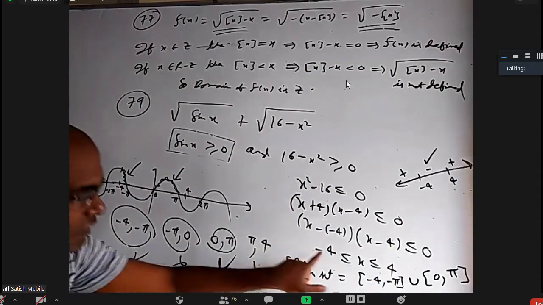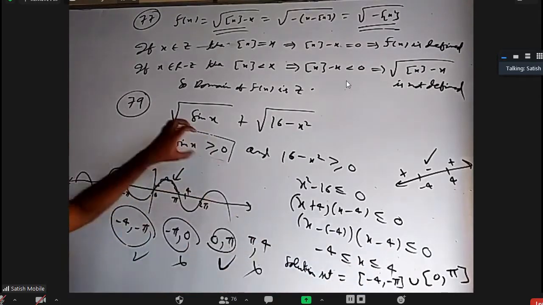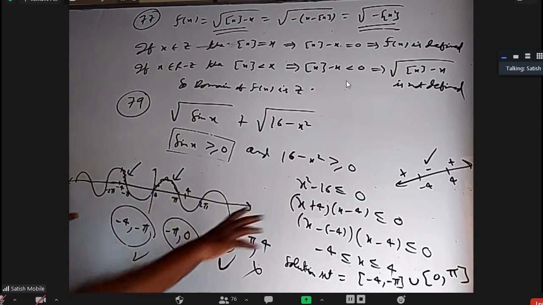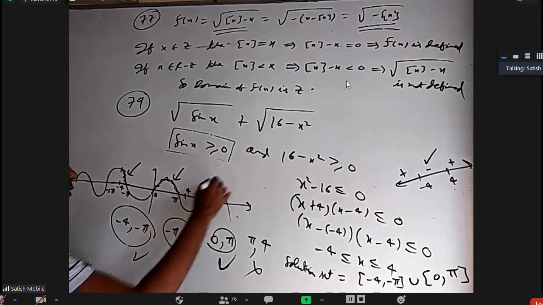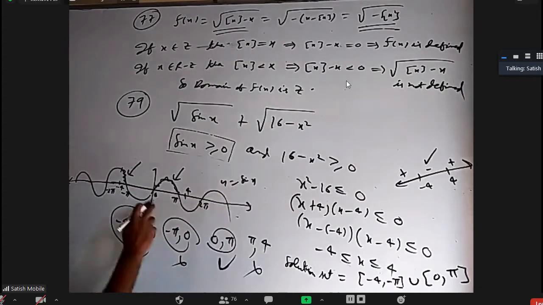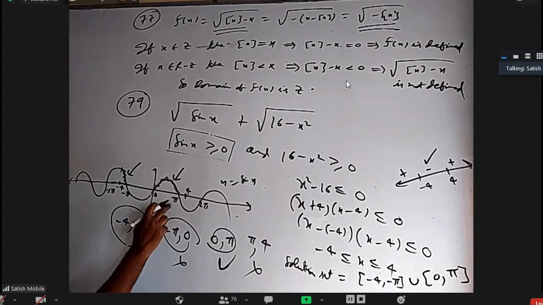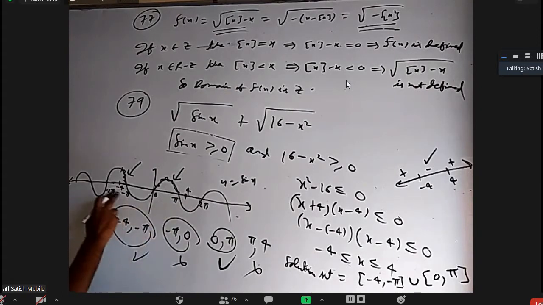Within minus 4 to 4, when is sin x positive? That is our job now. So I draw the sin x graph. This is the graph of y equal to sin x. I know this is 0, this is pi, this is 2 pi, this is minus pi, this is minus 2 pi. Where is 4? A little more than pi, because pi is around 3.14. Where is minus 4? A little before minus pi.